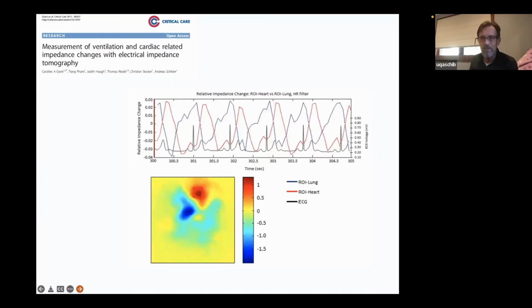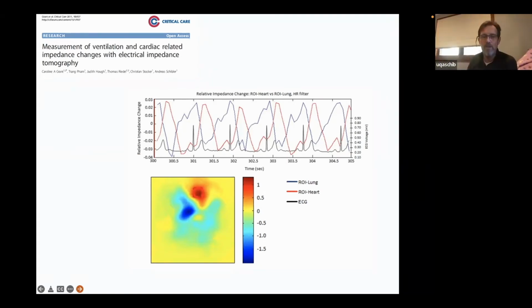So that's the heart beat, obviously. And then you can see the red signal, which is the lung perfusion signal. And you can see that this is slightly followed later after the ECG QRS complex. So we have this time delay between the electric impulse and then the perfusion into the lung.